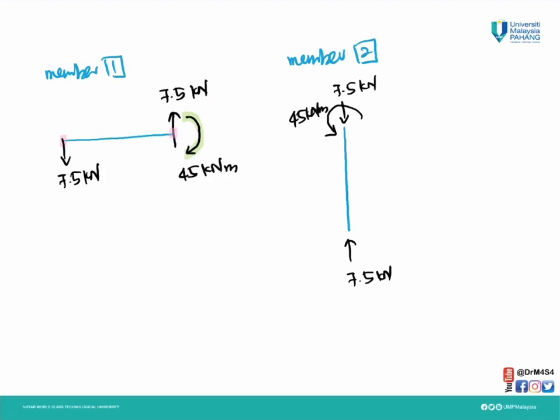On the other side, going against that moment with the same magnitude. So 45 kilonewton meter. Also, there is external force in x direction with 20 kilonewton here. So at other end also 20 kilonewton.